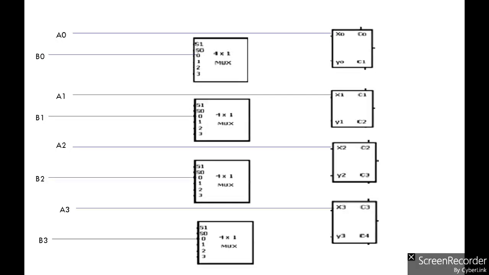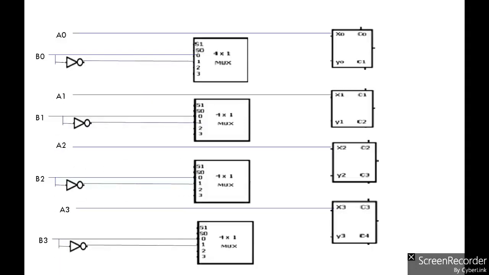So B0, B1, B2 and B3 will be directly connected to the 0th line of all the multiplexers. And B0 dash, B1 dash, B2 dash and B3 dash will be applied to the first input line of all the multiplexers.